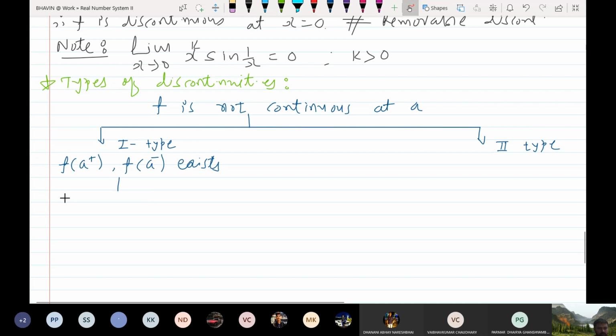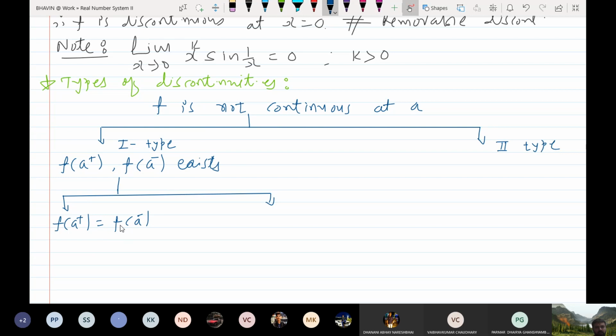If f of a plus and f of a minus exist, then there are two possibilities: either they are the same or they are different.